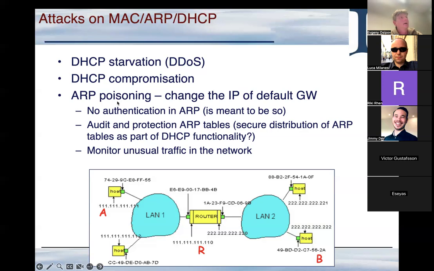And then we have ARP, Address Resolution Protocol. We need to map communications. All communications happen on the network layer, using IP addresses. However, in the local area network context, communication happens using addresses of the link layer.